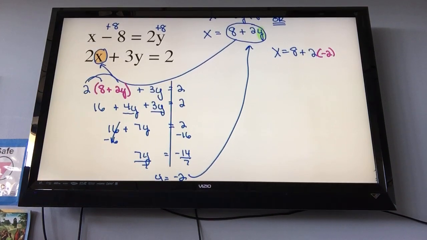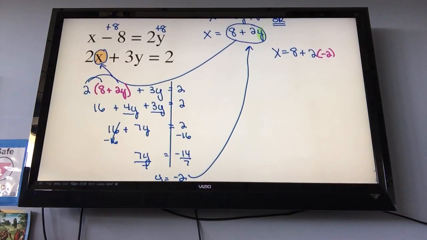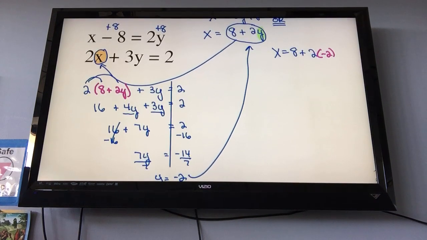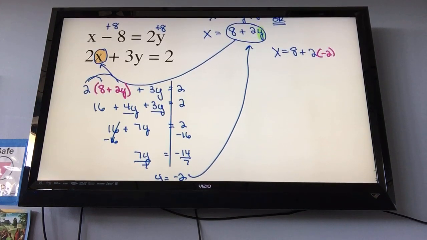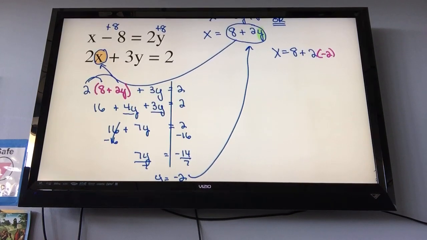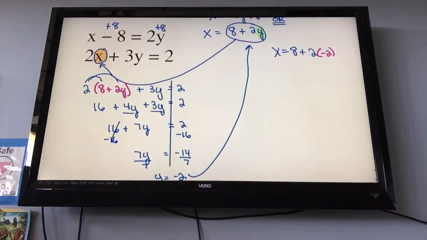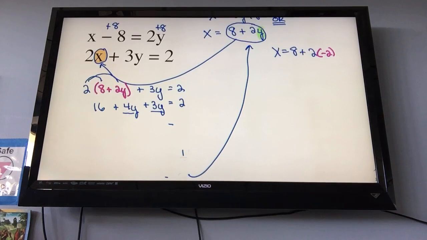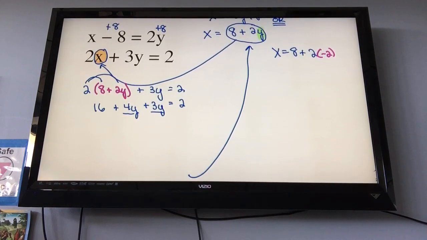Hold on, I'm confused in the one part where the last equation, we do 4 minus 4 and then 3 minus 4, because you do it on both sides. With the 16 plus 4y plus 3y equals 2. Okay, so I combine these y's together.